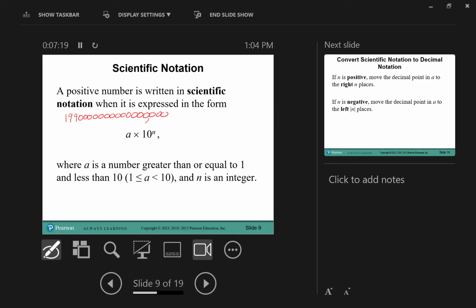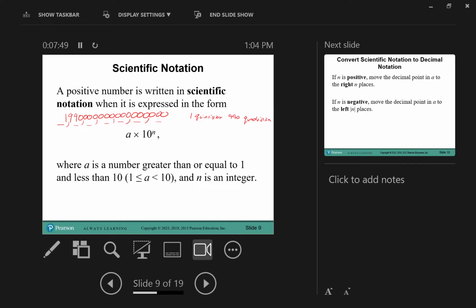If they do throw the commas in there, then it's a little bit easier. I have the ones, the thousands, the millions, billions, trillions, quadrillions, and quintillions. So this is 1 quintillion and 990 quadrillion. Whatever we want to call this, it's obnoxiously large, right?